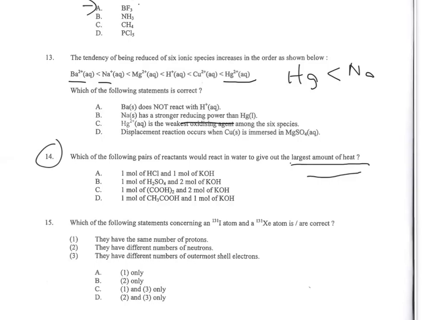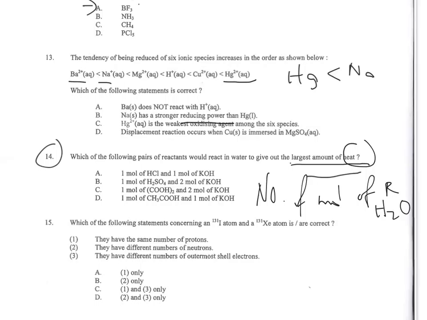That is because some of the energy will be used to completely ionize the weak acid or weak alkali for the neutralization reaction. So next, what you need to consider is the number of moles of reaction occurring, or in other words, the number of moles of H2O. If more moles of H2O are produced, then more heat will be released. So A, 1 mole of HCl and 1 mole of KOH, in total you should have 1 mole of H2O produced.